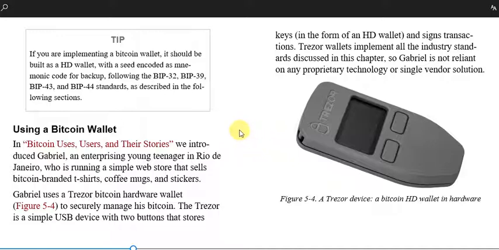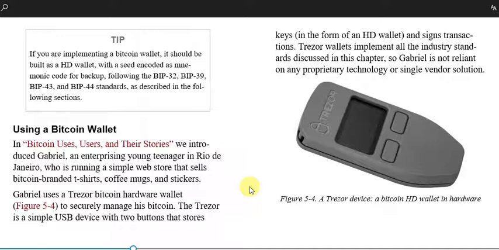Using a Bitcoin wallet. In Bitcoin Users, and Their Stories, we introduced Gabriel, an enterprising young teenager in Rio de Janeiro, who is running a simple web store that sells Bitcoin-branded t-shirts, coffee mugs, and stickers. Gabriel uses a Trezor Bitcoin hardware wallet, Figure 5-4, to securely manage his Bitcoin.